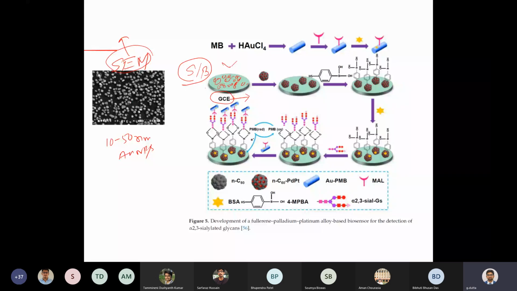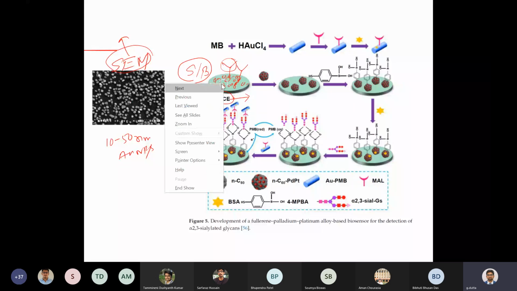We can also immobilize the antibody directly, without gold nanoparticles. But if we immobilize the nanoparticles, we get a higher surface area, and lots of antibodies can be immobilized. For example, just think, maybe 50 antibodies can be immobilized without nanoparticles.